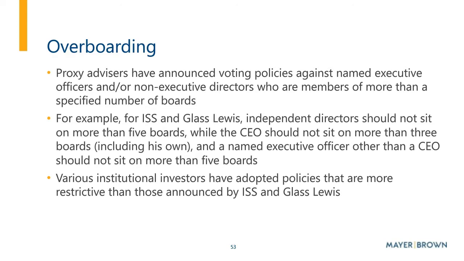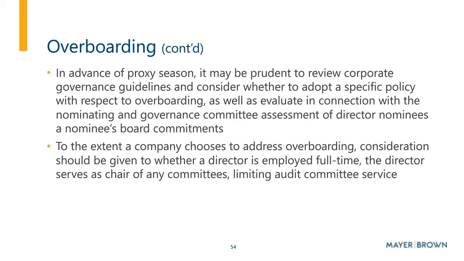So specifically, does the company's governance guideline and does the charter for the Nominating and Governance Committee require that the company consider how many other boards and what kind of time commitment is required from director nominees, and consider perhaps imposing limitations on the number of board seats that a director can take.